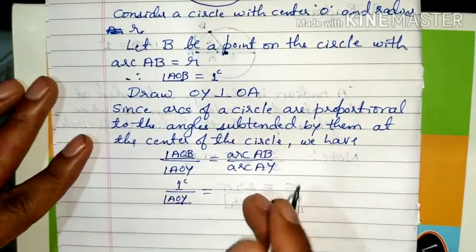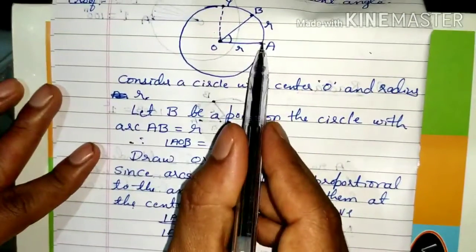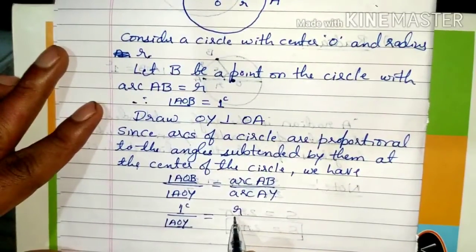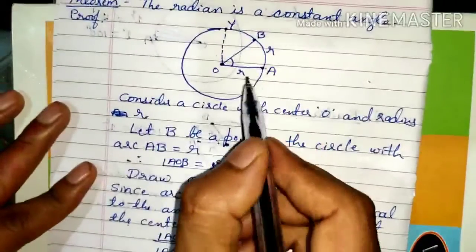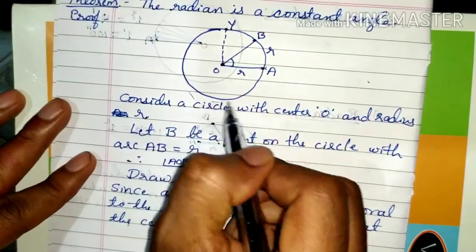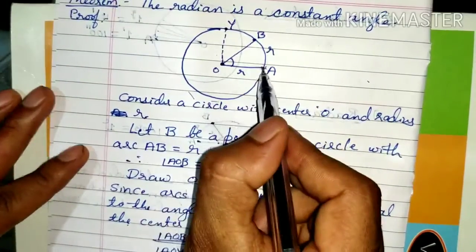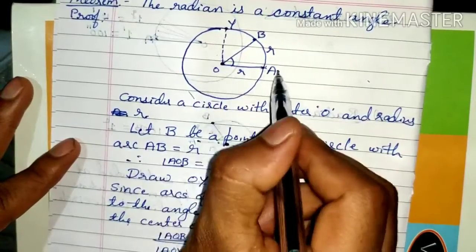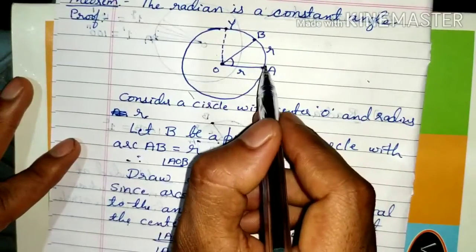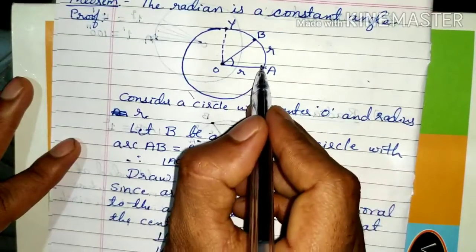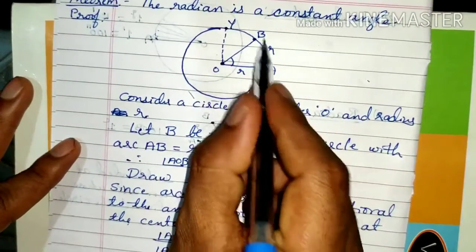Then arc AB. What is arc AB? Arc AB is nothing but r, so its length is r divided by arc AY. Arc AY is 1/4 of the complete rotation, correct? If you consider the complete rotation and divide it into 4 equal parts, AY will be one part.